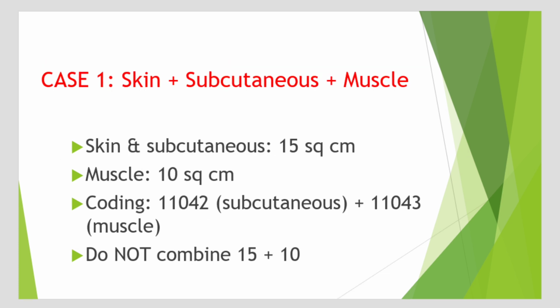Next, we'll see some CPC exam sample questions. First, the physician performed excisional debridement of a wound on the right lower leg. Skin and subcutaneous tissue 15 square centimeter, muscle tissue 10 square centimeter. Debridement was performed using a scalpel.